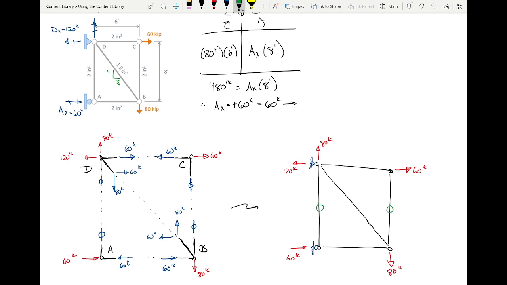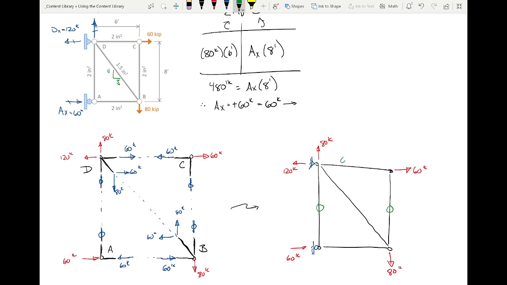All right? Help me out with this one. What's the magnitude of the force inside this? Is it 60? Is it tension or compression? Tension. 60 in tension. What about this one? 60 in tension, 60 in compression, and this one? Say it again. There we go.